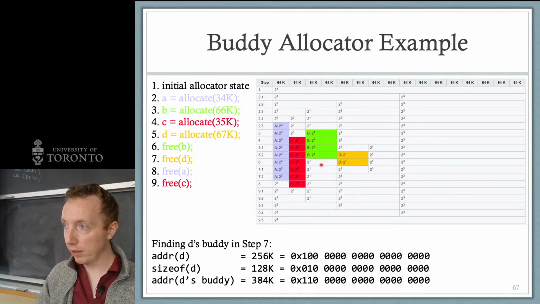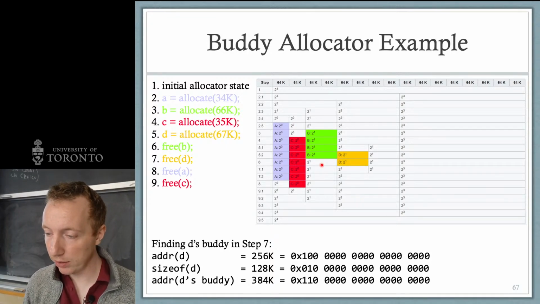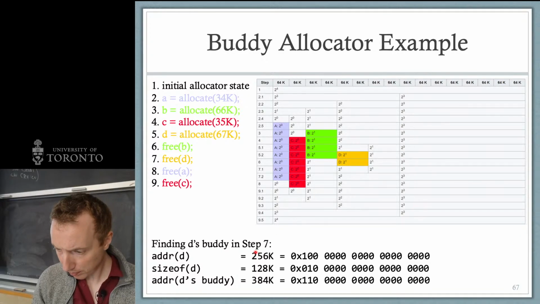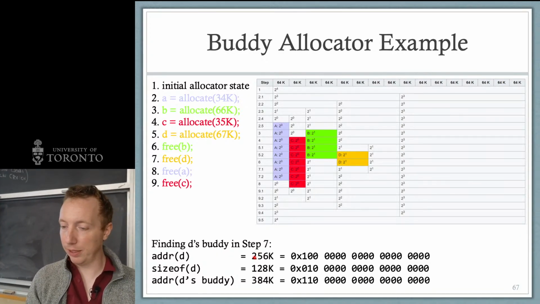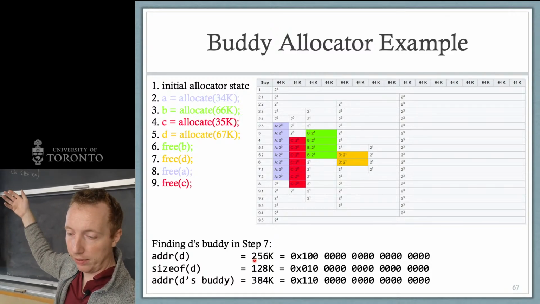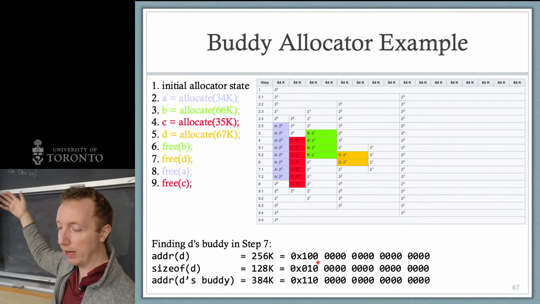There's nothing free, so we wouldn't coalesce it. And then whenever we free D here, say the address of D lives at 256K, which is this address.